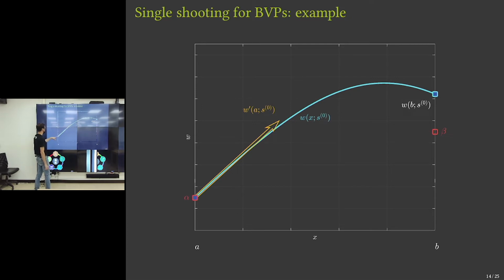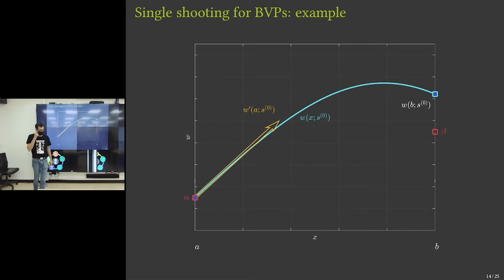We have some values at the boundary of the interval, alpha and beta, just two real scalars. And we want to find the solution W that satisfies the boundary condition. The first point is already satisfied because of the way we define the problem, and we want the end point to coincide with beta there.